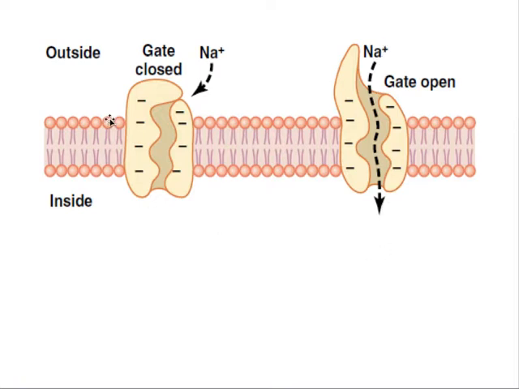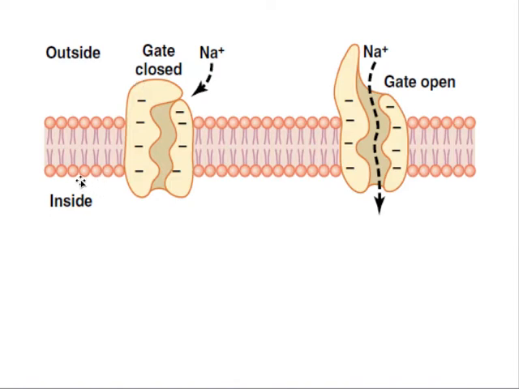And I hope you already know that in the ECF, the concentration of sodium ions is way greater than that inside of the cell. So, to control the concentration difference and the transport of these sodium ions through the gated channels, these gates are voltage controlled.